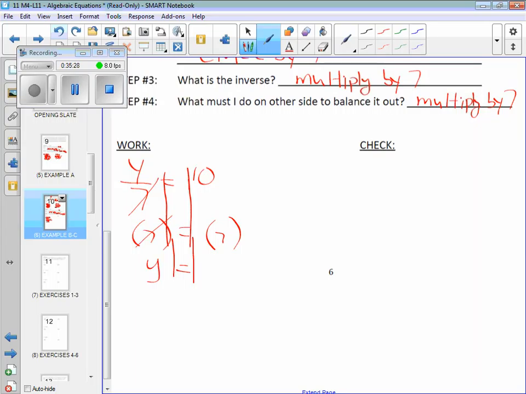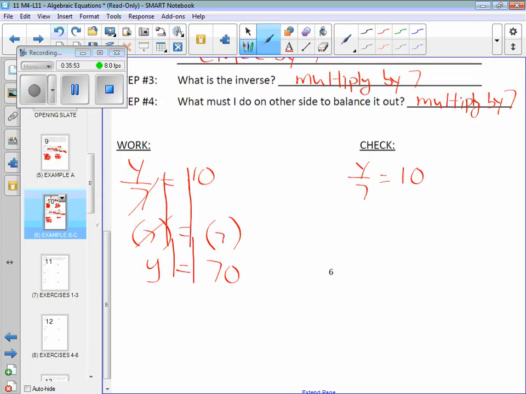Write the original equation. Meg, what am I substituting in for y? What are we claiming that y is equal to? Substitute that in.